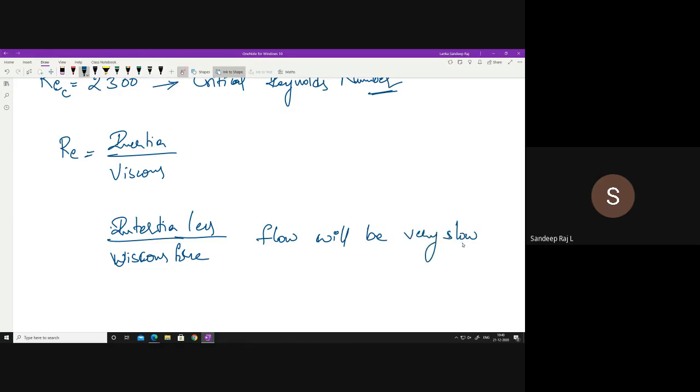Take an example of grease. Grease has very high viscosity and viscous force is very high, so inertia force will be very less for this grease. So the flow will be very slow, giving you a laminar flow.